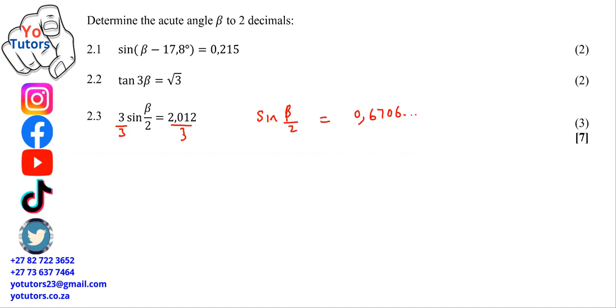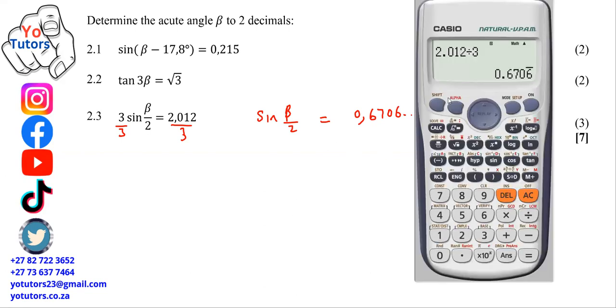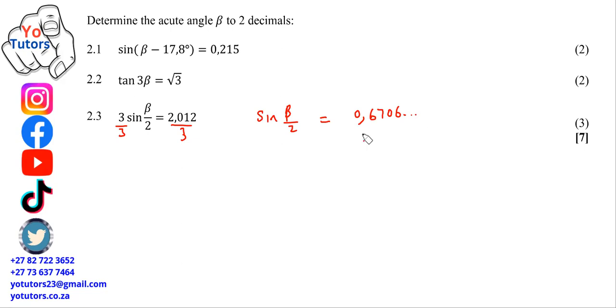Now I want to teach you something. You can save your value. How do you save your value? You say shift store, then you can put it in A. That is going to be easy for you. Or you can just use 503 over 750. So you can say this is 503 over 750.